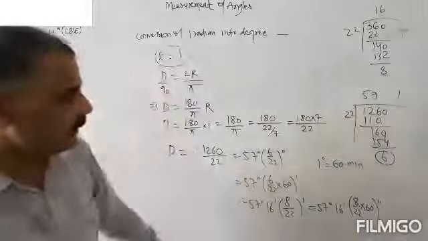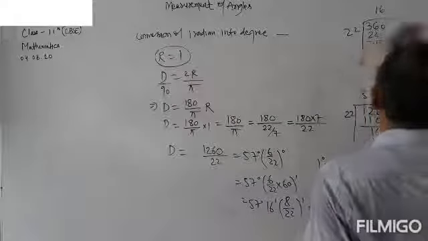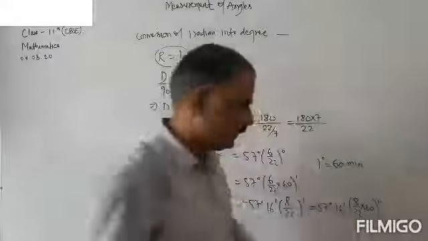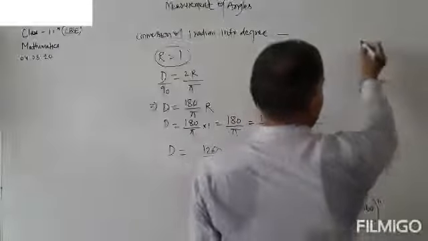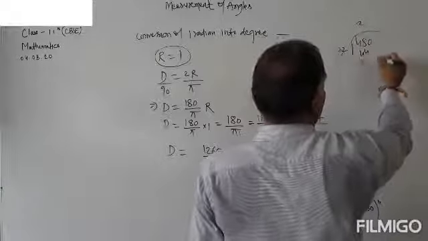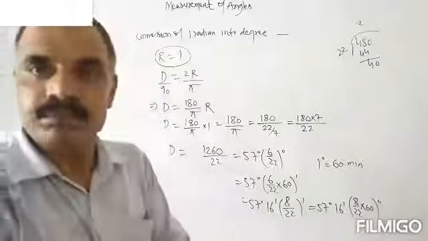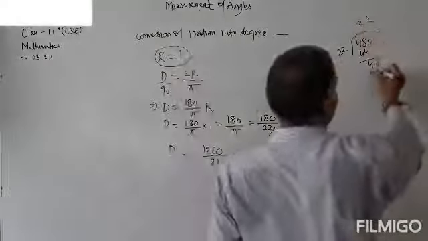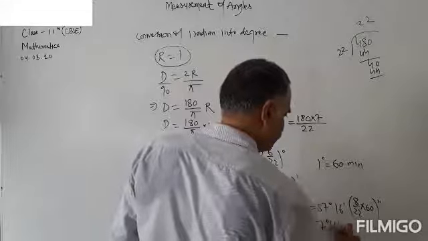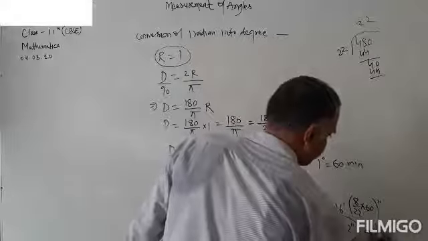Now we will divide 8 into 60, 480 by 22. 22 times 22 is 484, so approximately 22. So this is equal to 57 degrees, 16 minutes, and 22 seconds approximately. The answer is approximate.